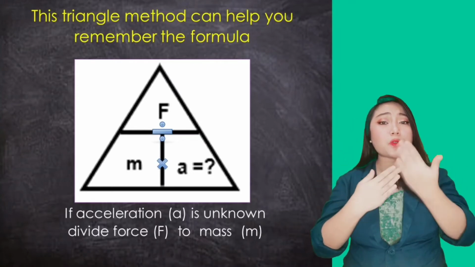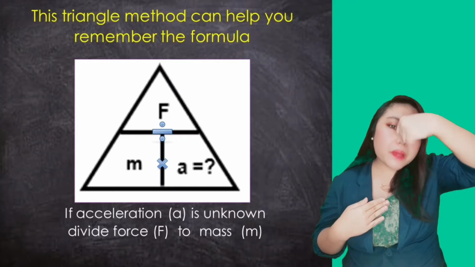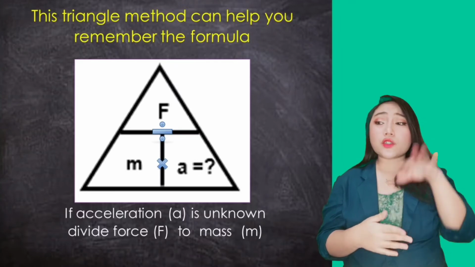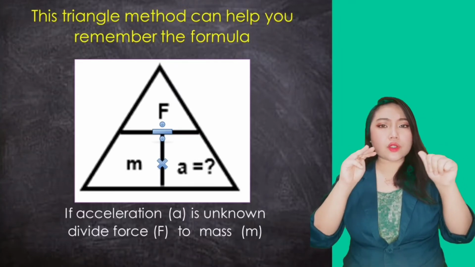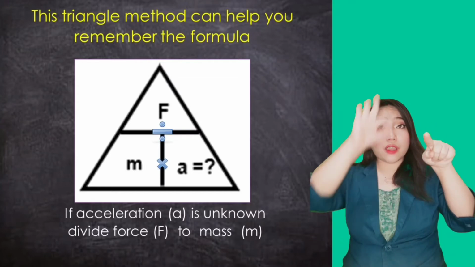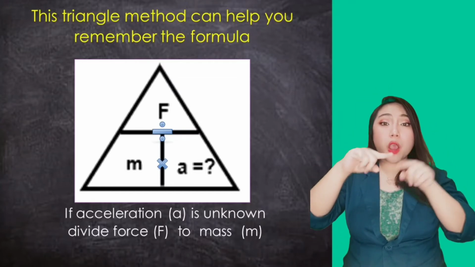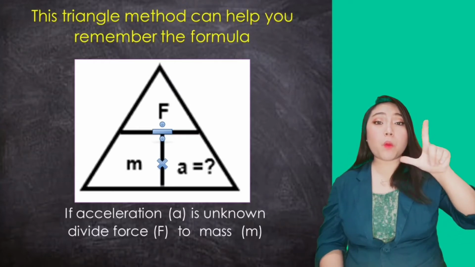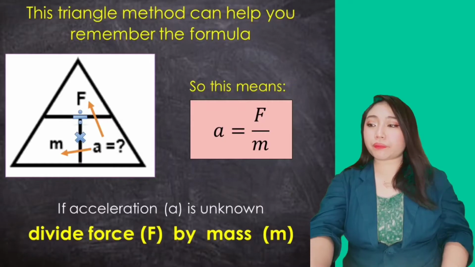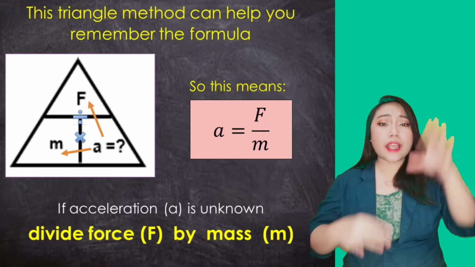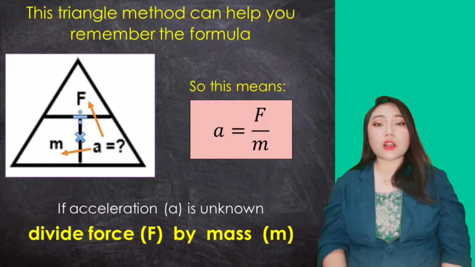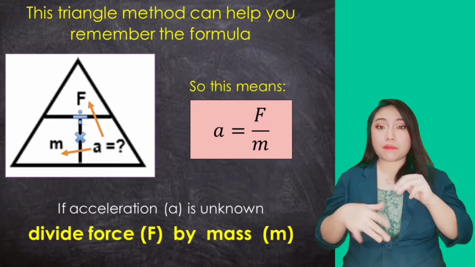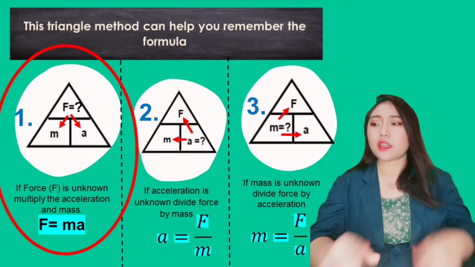We have what we call the triangle method for you to easily remember how to answer problems. Look at this: F, then M and A. The line below F means division, and the line between M and A means multiplication. So if you're looking for acceleration, it would just be F divided by M. It's very easy.